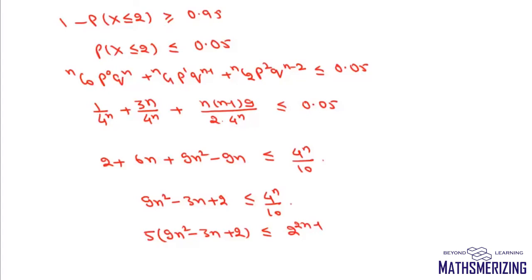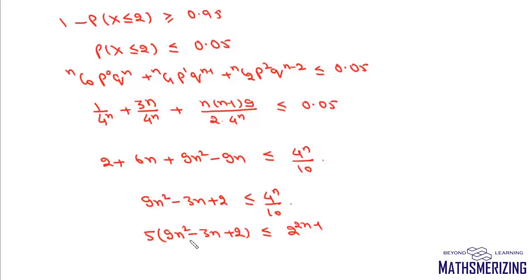Now we just have to put in values of n to check. So what we'll do is we'll check around 3 and we'll see if we need to increase or decrease the value of n. Now if we take n as 3, we'll get 2 to the power 5, which is 32, and here it will be 81. 81 into 5 will be, so what we'll do is we'll check n as 5.